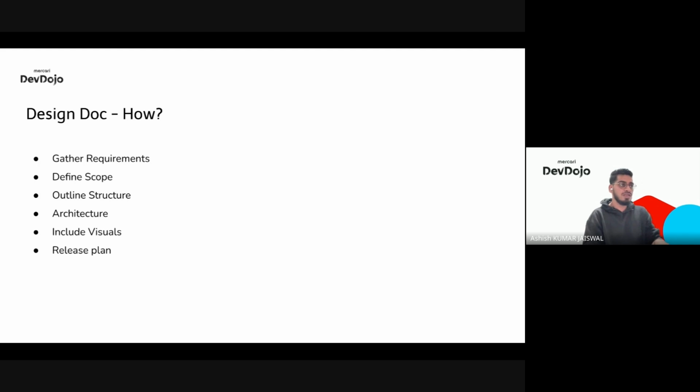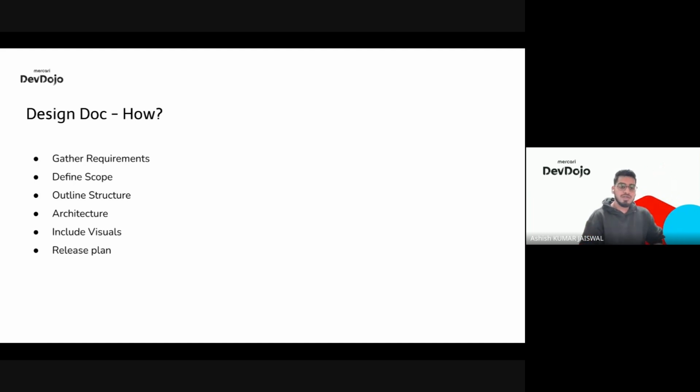In this one, we plan the structure of the technical design doc, organizing what sections you're going to write, for example, introduction, architectural overview, design details, testing strategy, deployment strategy, and everything.